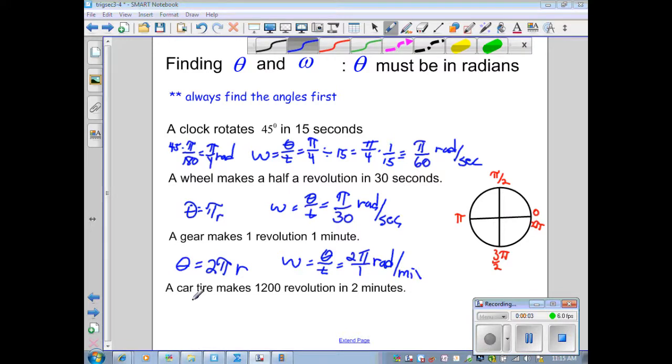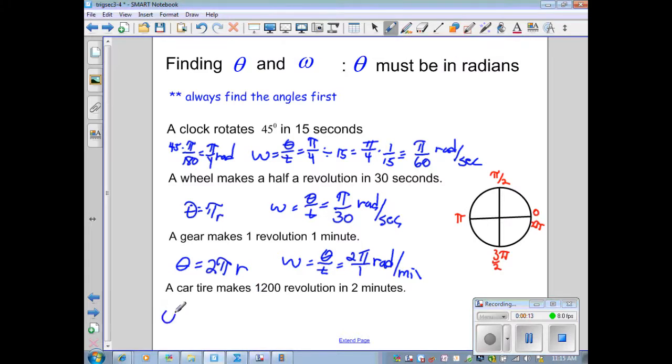In my next example, I have a car tire that makes 1,200 revolutions in 2 minutes. From our previous example, I know that 1 revolution is 2 pi radians. This has 1,200 revolutions, so my theta is going to equal 2 pi times 1,200. Therefore, my theta is going to equal 2,400 pi radians.